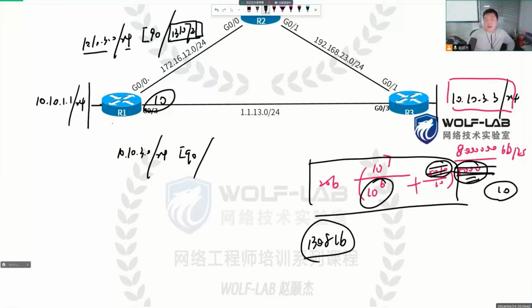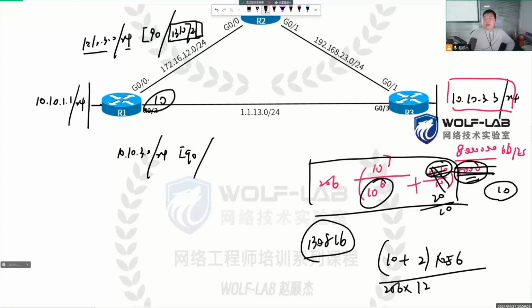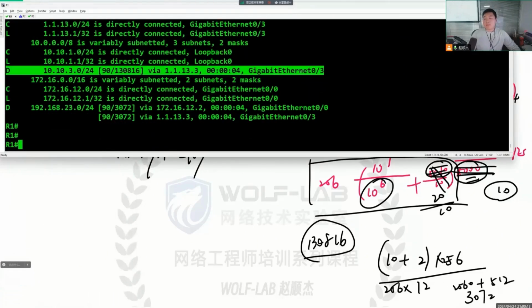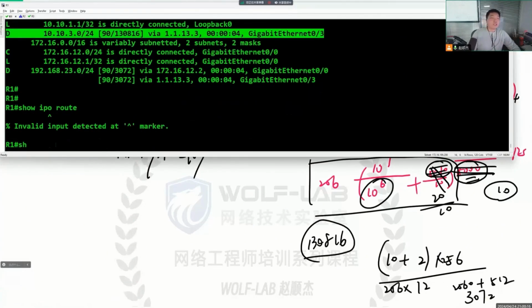So now, in this path for R1, the 10.10.3.0 route's delay is no longer 5,000 plus 10, but 10 microseconds plus 10 microseconds, which is 20. Divided by 10, the formula becomes 10 plus 2, times 256, which is 256 times 12, 2560 plus... So we go directly to R1 to see.